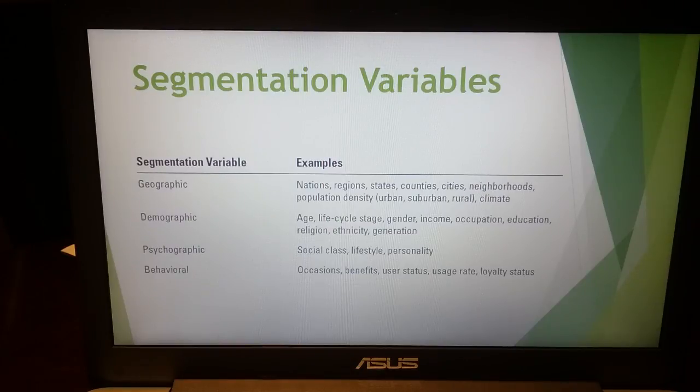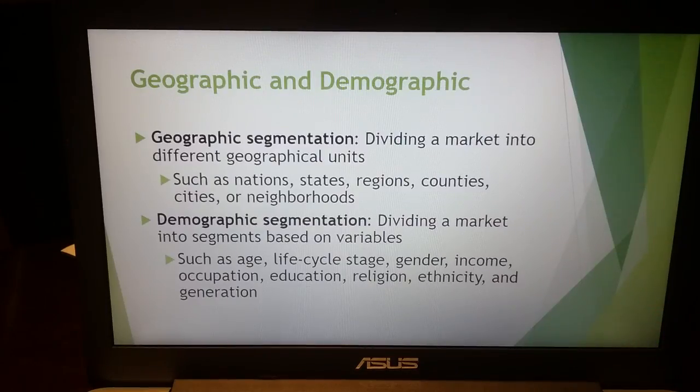That could be a segmentation. That could be a segment, a market segment. Okay, so again, we just go through these: geographic, dividing it into different geographical units. The demographic, we've talked about that.